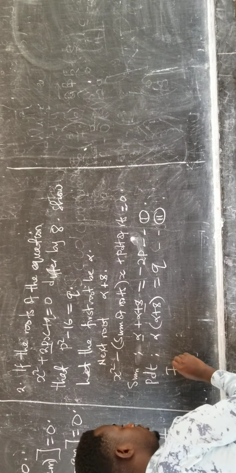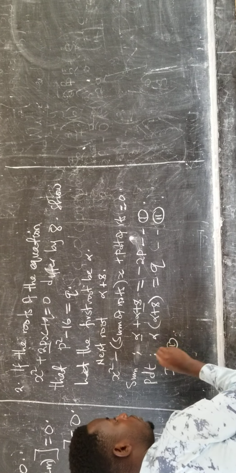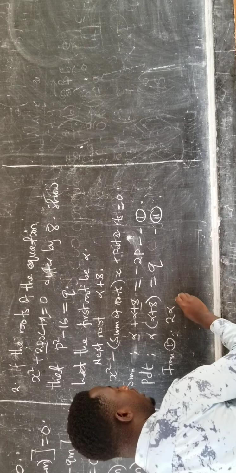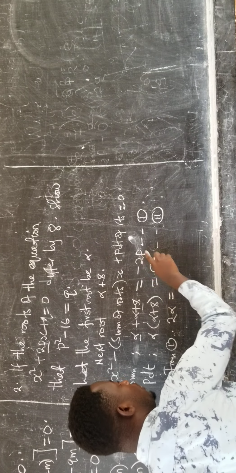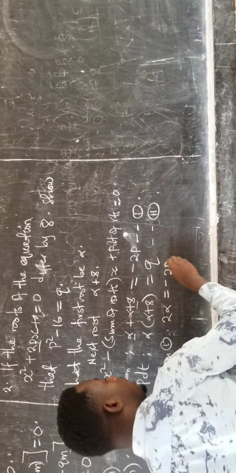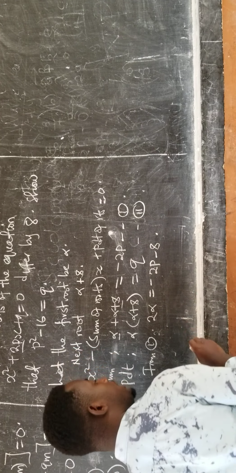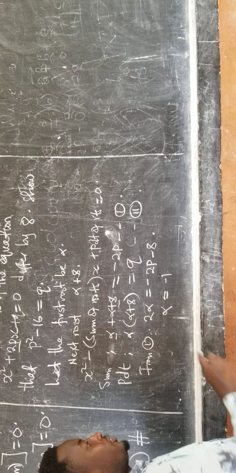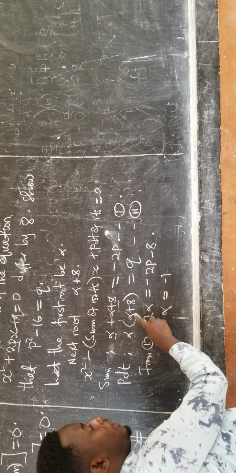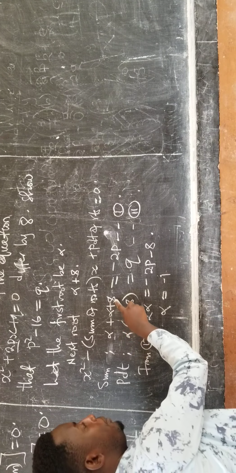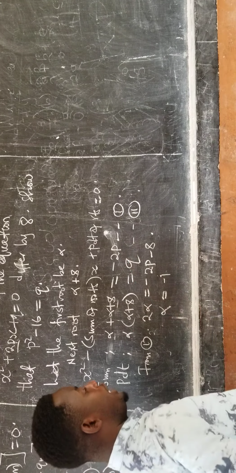So from equation 1, what do I know? I know that 2 alpha plus 8 is equal to minus 2p.